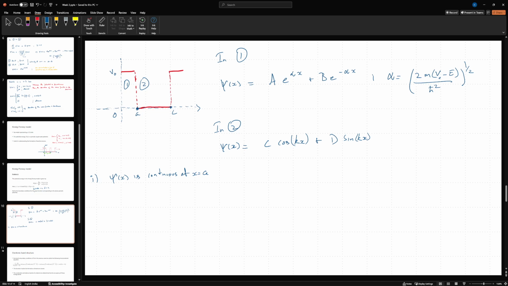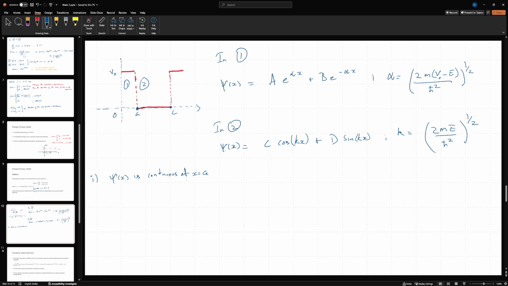The unknowns can be A, alpha, B, C, k, and D. There are a total of 6 unknowns. However, oh yeah, I forgot to write what k is here. k is equal to 2mE upon h bar squared, whole power half, the square root of this quantity. However, we know that alpha depends on E. So there are 5 unknown quantities, A, B, C, D, and E. So we will need 5 equations to solve for these 5 unknowns.